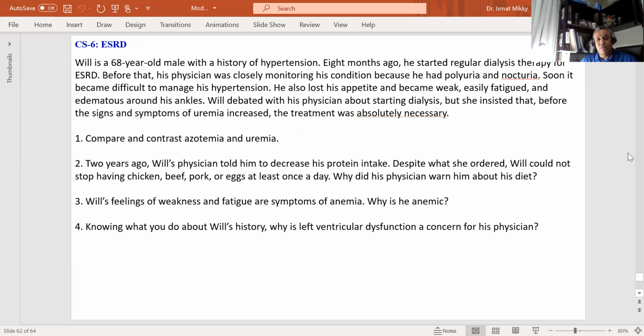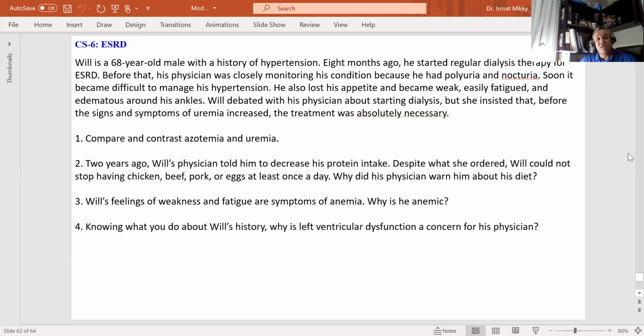Two years ago, the patient's physician told him to decrease his protein intake, but the patient could not stop having chicken, beef, pork, or eggs. So why did the physician warn the patient about this specific diet?